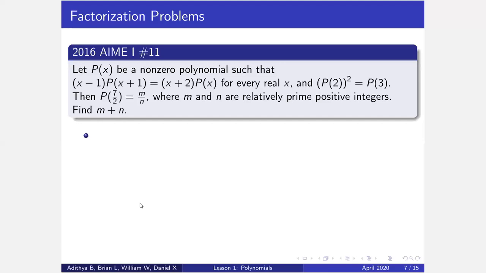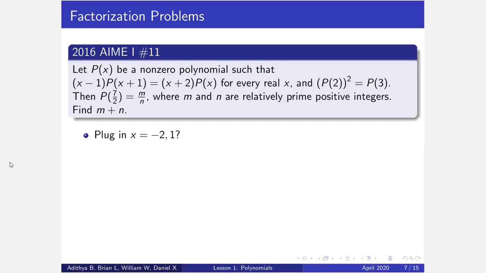Yeah, so a lot of people are trying to plug in x equals 2. While this does give you a relation between p of 2 and p of 3, this doesn't really give you that much information about the polynomial as a whole, right? So it's a good first idea, but it doesn't actually give you that much.